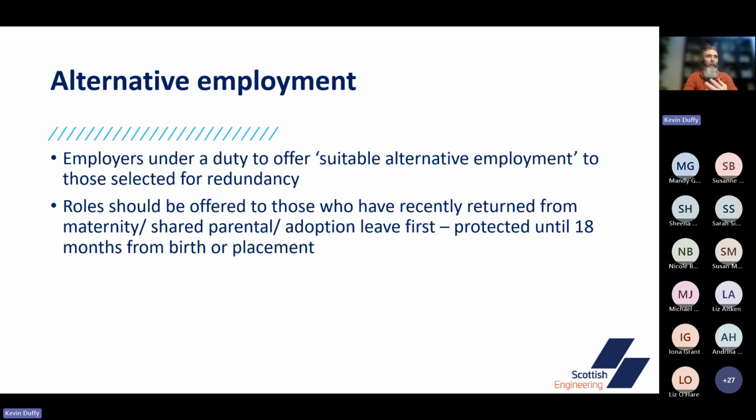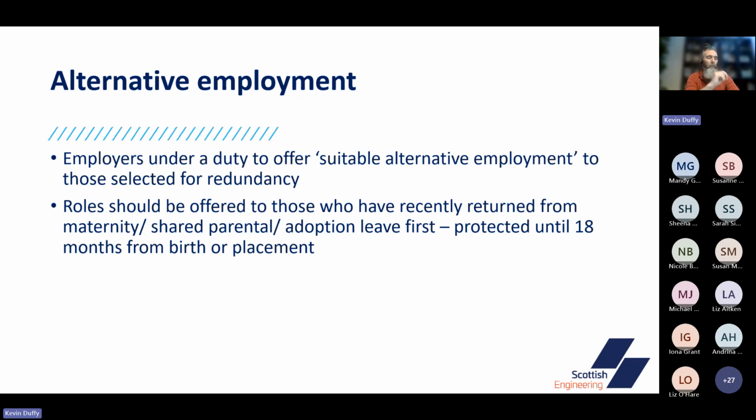There might well be a degree of trial period to make sure that the person fits in and they like it, or the employer says, no, sorry, you're not a good fit for that. And there are various different aspects of statutory trial periods, which I can talk you through if you ever have that situation as well.